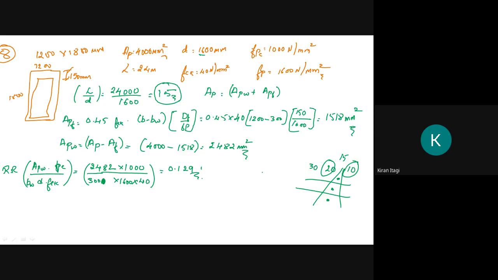We will do it. What we need are FPU upon FPE and XU upon D, we need the values. So I will go to a new slide.